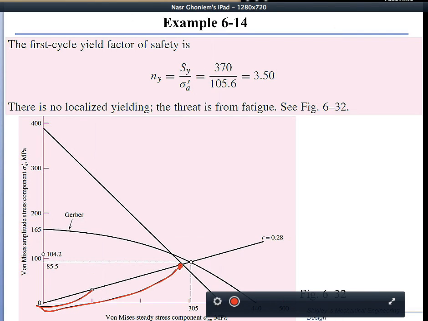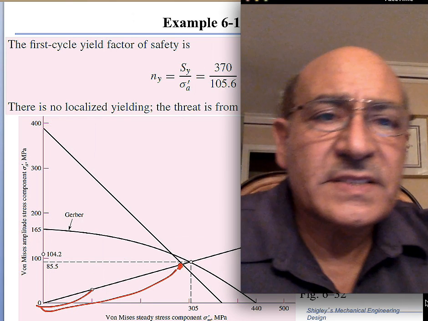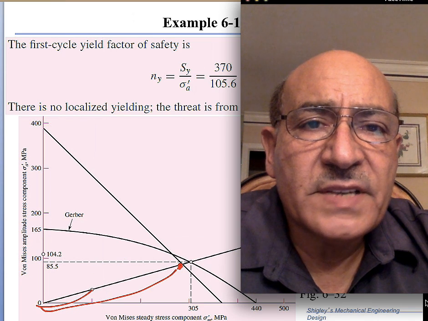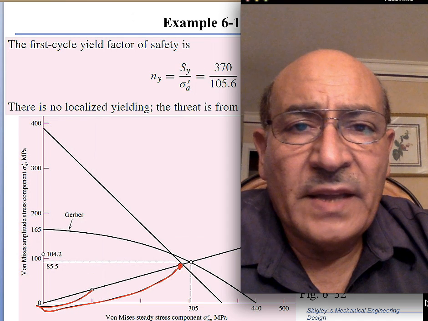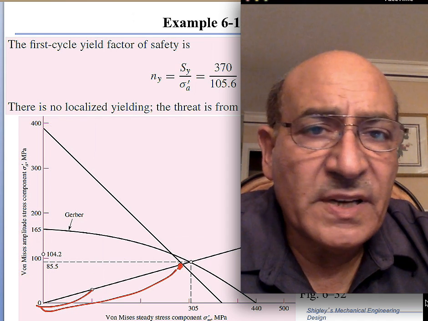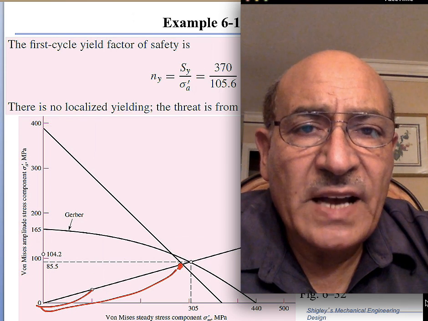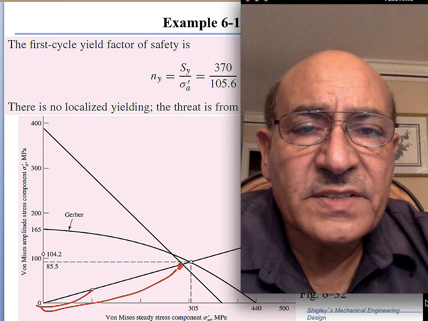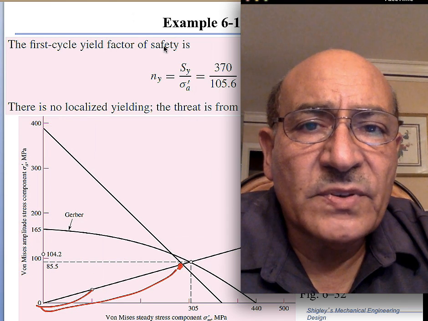So here we have already explored the different possibilities for a combination of a steady load and an alternating load. The steady load can be from bending or torsion, or a combination of both. And the way that we treat them is clear: we use the von Mises criterion, because it's the easiest for combining these types of loading together.